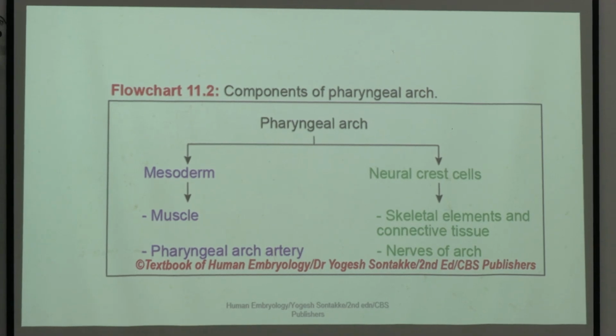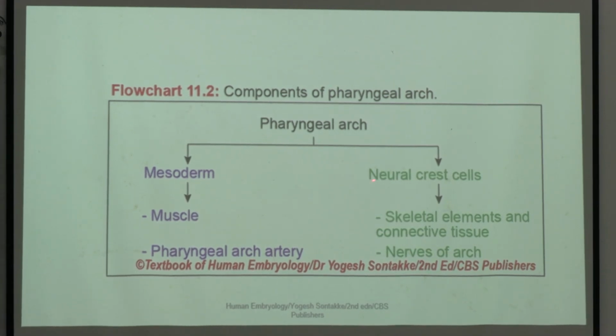The skeletal elements also come from mesoderm, but it is a transformed variety from the neural crest cells. So all the bones and cartilages in the face and neck region come from the mesoderm which is a transformed variety of neural crest cells. Each of these 5 pharyngeal arches is going to have this same architecture.